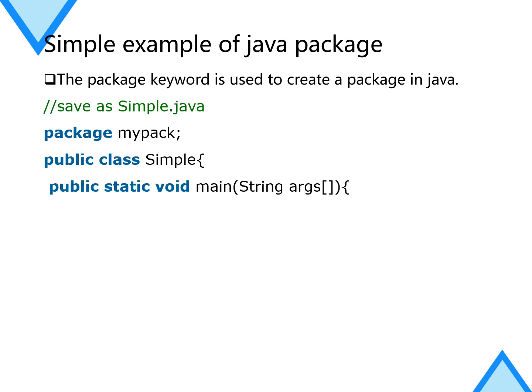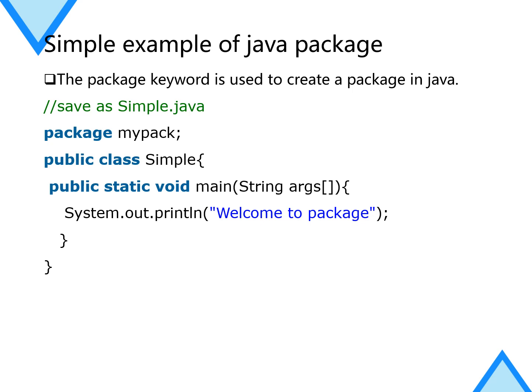Inside the body of the class we have the main method, and inside the main method we are going to print a message, welcome to package. We will write this program in any IDE like NetBeans, and then save the program as Simple.java, and whenever we execute the program, we will receive the message welcome to package on the screen.